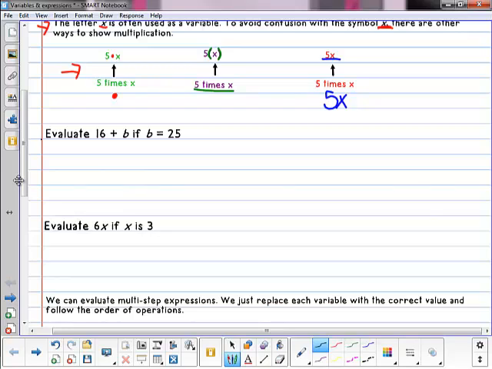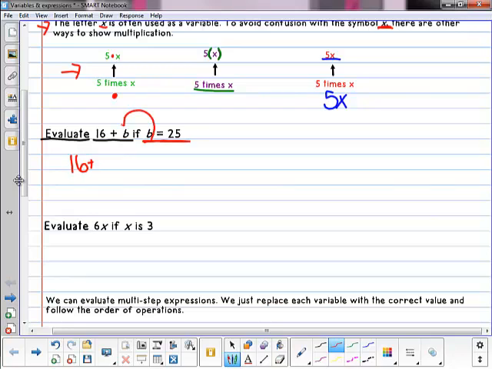It says evaluate 16 plus b if b equals 25. First of all, what does evaluate mean? In algebra, evaluate means to find the value of. So to find the value of this algebraic expression, 16 plus b. They are telling us what our variable equals: b is 25.